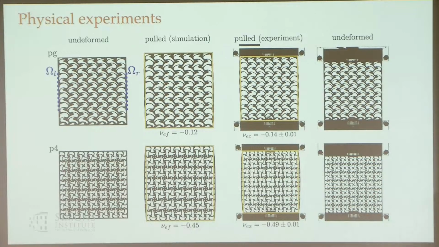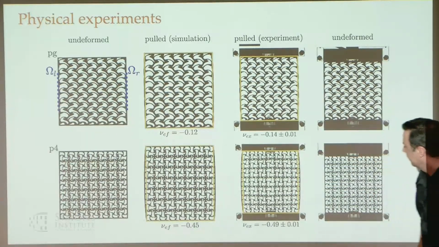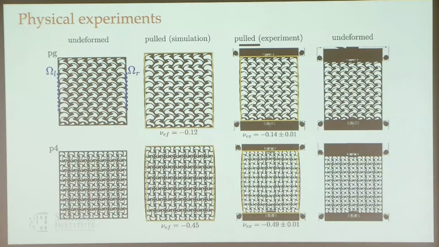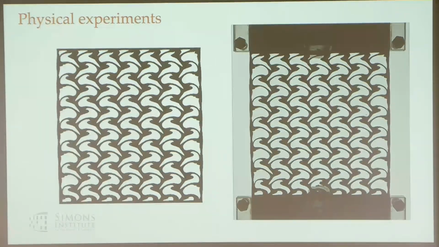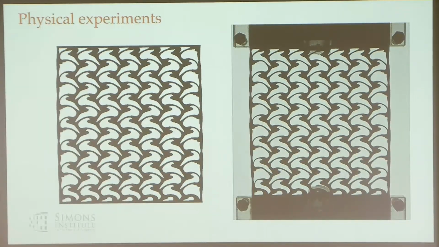What's neat is that our experiments line up interestingly well with the predictions from our simulator, and it exhibits the behavior that we expected in our design. So here's a little video of one of these being stretched, with the simulation on the left and the video of the actual thing on the right.